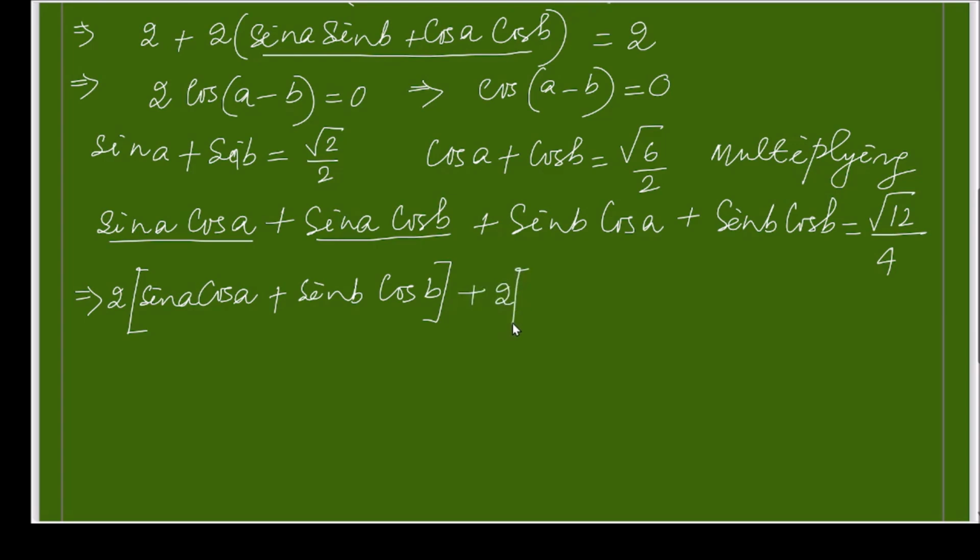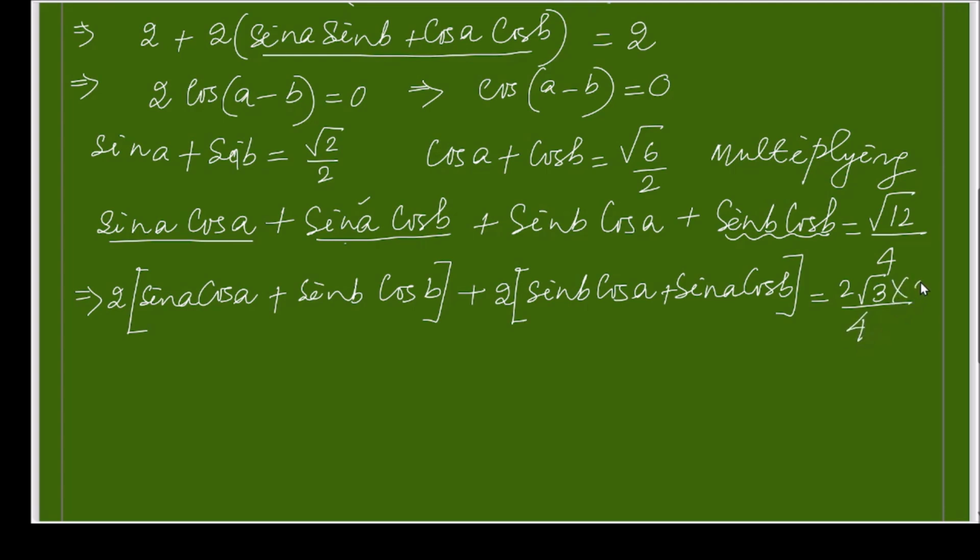So multiplying by 2, I'll get 2 sine a cos a plus 2 sine b cos b plus 2 sine b cos a plus 2 sine a cos b, equal to multiplying 2, 2 square root 3 by 4.